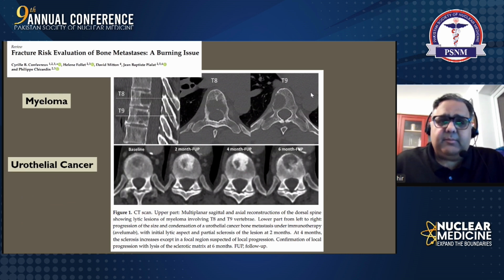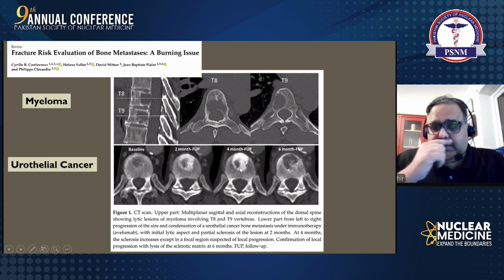From this paper, in two examples, on the top you have a sagittal and axial section through a myeloma lesion in the vertebral body. Myeloma, as we know, is predominantly and purely lytic, so you can see lytic lesions there at T8 and T9. In the second row, we have uterine cancer, with a predominant lytic lesion at baseline, which with treatment at 2 months and 4 months shows a lot of sclerosis, while one part of this lesion remained lytic.